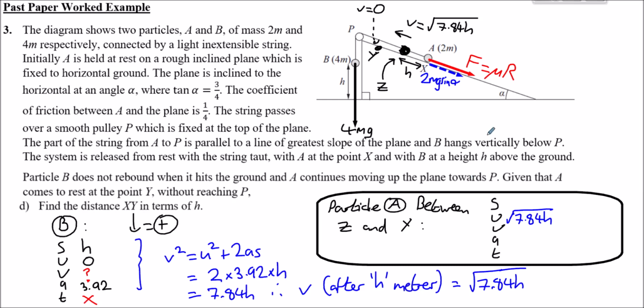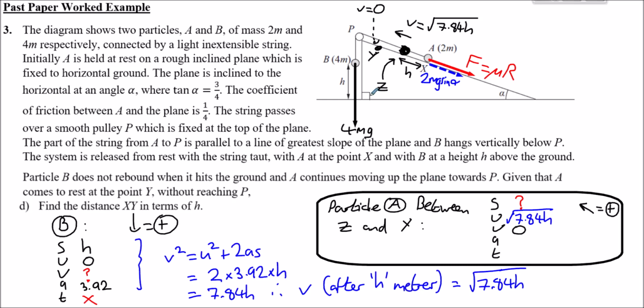We want to find out how much further it goes up the slope. So what's its displacement? I'm going to also take here, up the slope, to be positive. The final velocity will be 0 because here it will just come to rest.